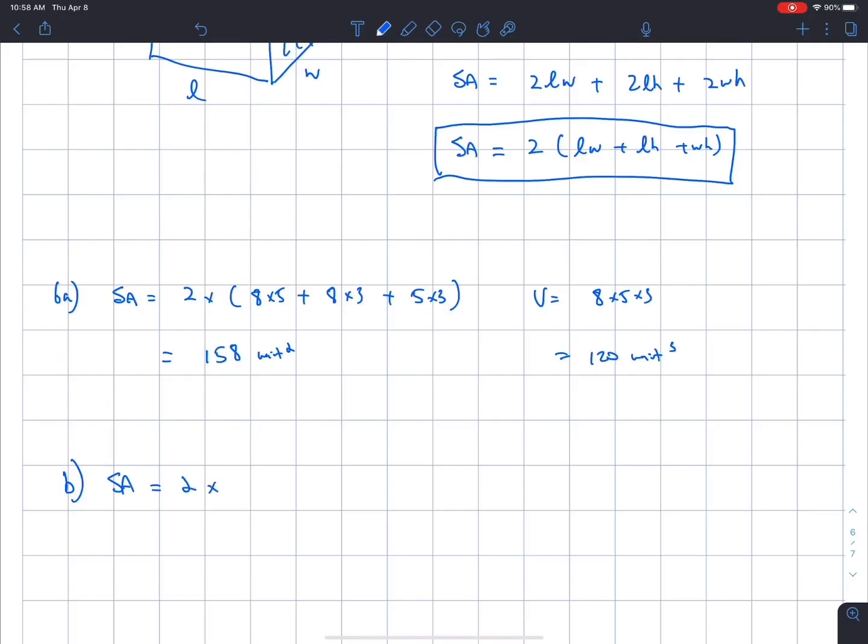6b is very similar. We just use the formula. Surface area is 2 times length times width, plus length times height, plus width times height. And the volume will just be length times width times height.